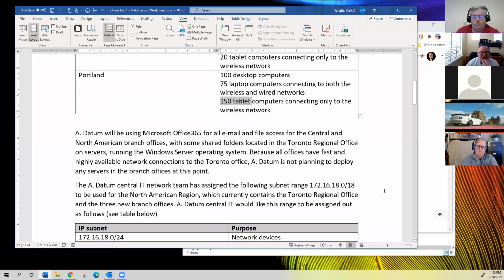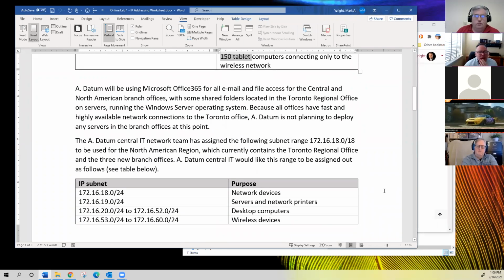All right. So it says A.Datum will be using Microsoft Office 365 for all email and file access for the Central and North American branch offices, with some shared folders located in the Toronto regional office on servers running the Windows Server operating system. Because all offices have fast and highly available network connections to the Toronto office, A.Datum is not planning to deploy any servers in the branch offices at this point.